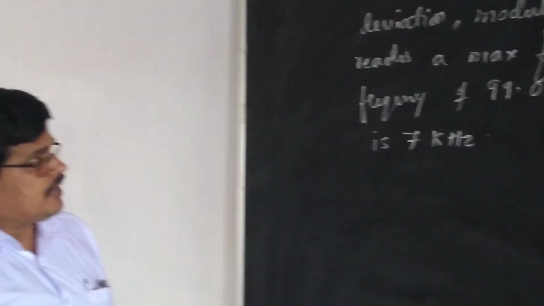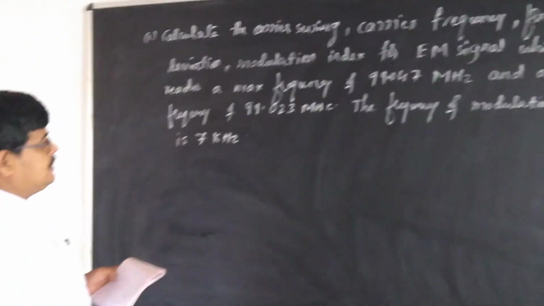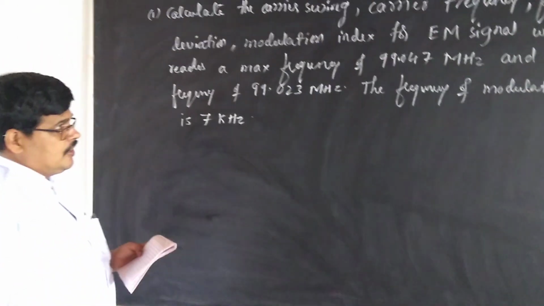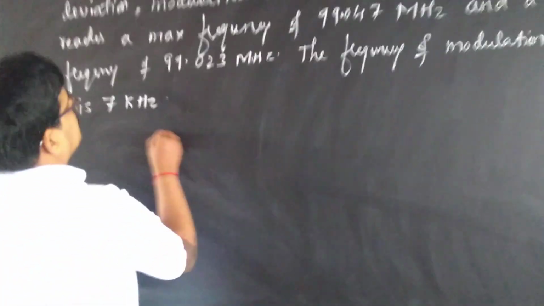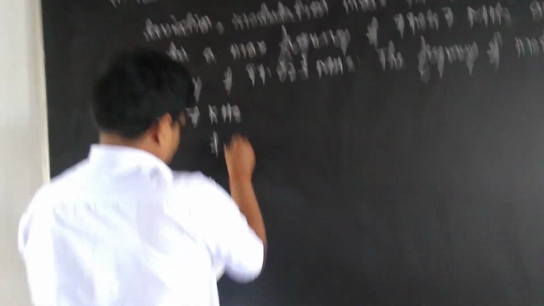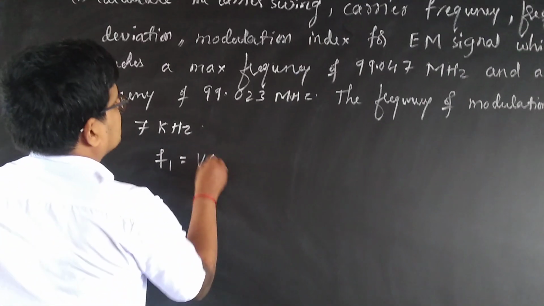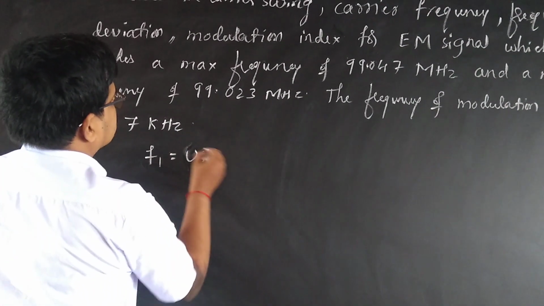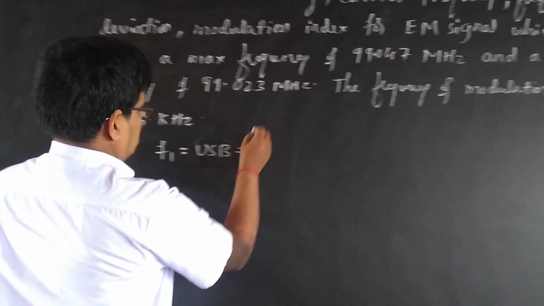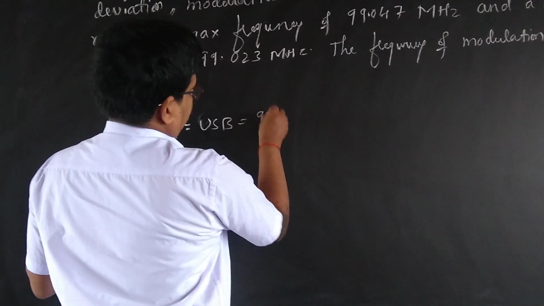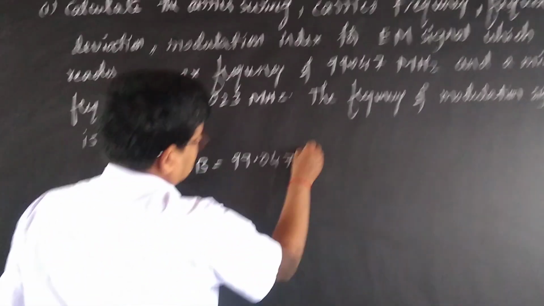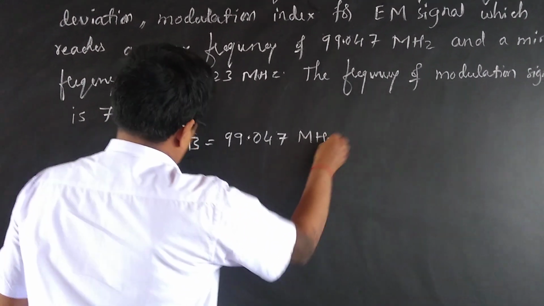So in this problem, we will calculate the carrier swing, carrier frequency, frequency deviation, and modulation index for the EM signal which reaches the maximum frequency. Say I am taking F1 as the maximum, then F1 is the upper sideband frequency, which is equal to 99.047 megahertz.